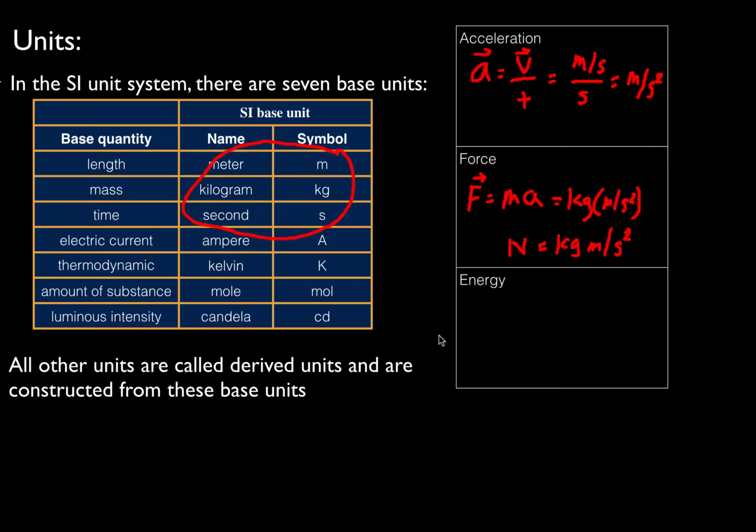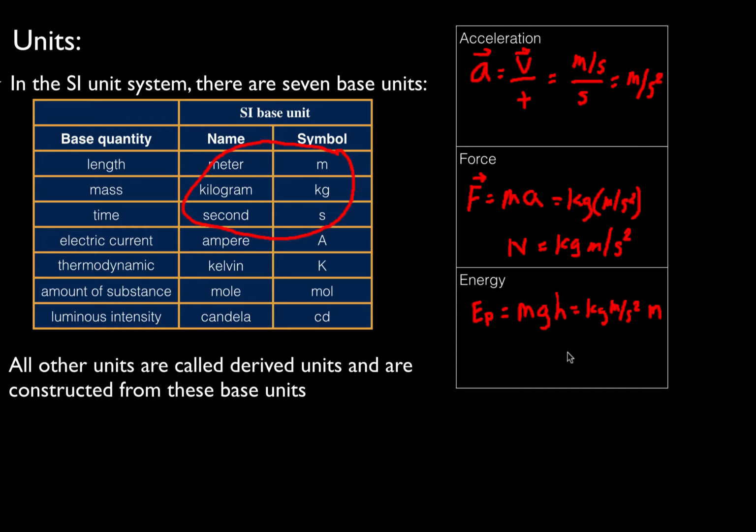Energy also has a derived unit. For example, one formula for energy that we use is potential energy equals mgh. The unit for mass is kilogram. g is a type of acceleration, so it has a meter per second squared, and height is a meter.